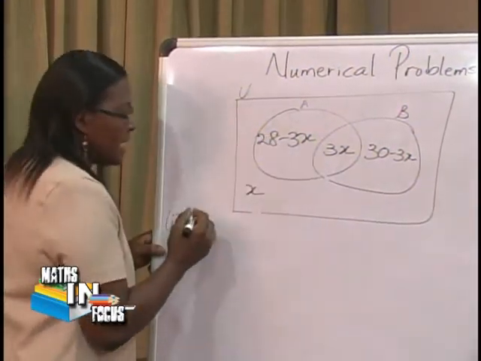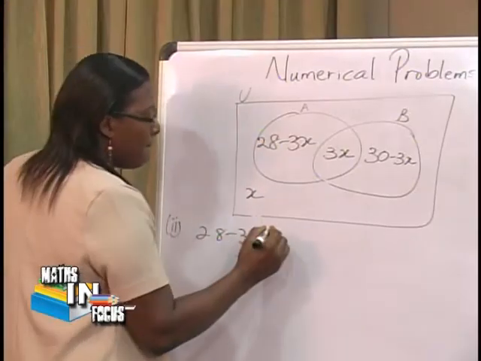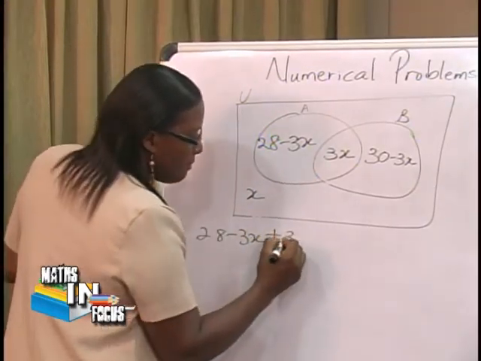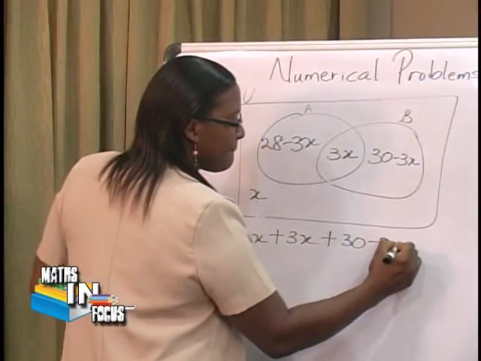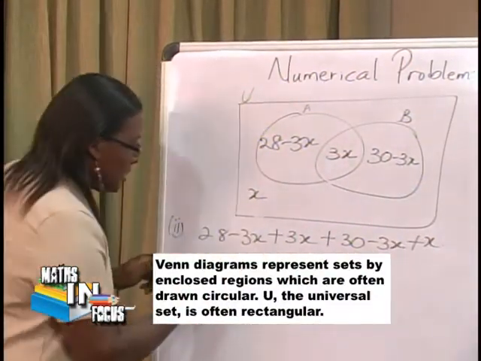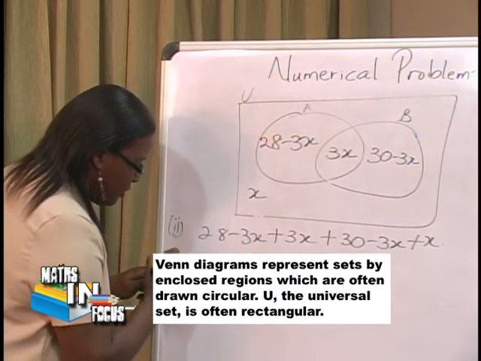So we have Antigua only, which is 28 take 3x. We had both Antigua and Barbados, and that was 3x. And that's followed by plus 30 minus 3x. And we add an x to that. So the third portion, we have to find the value of x.